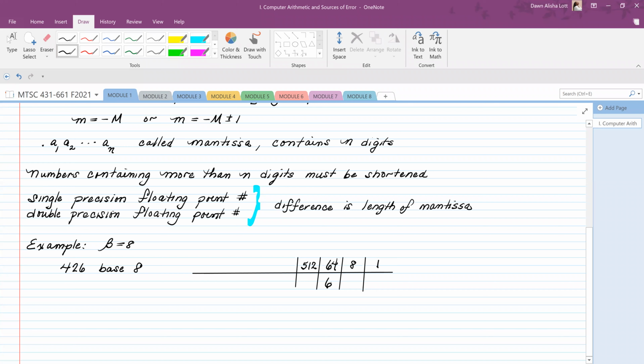That leaves me 42. So how many times does 8 go into 42? Well, that's 5, so that's 40.